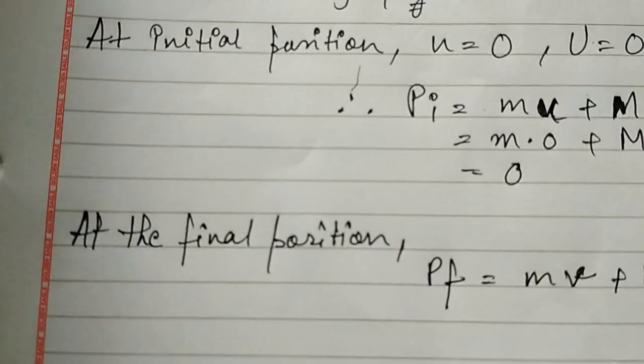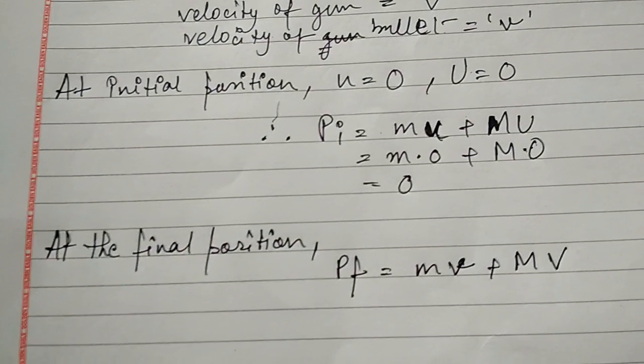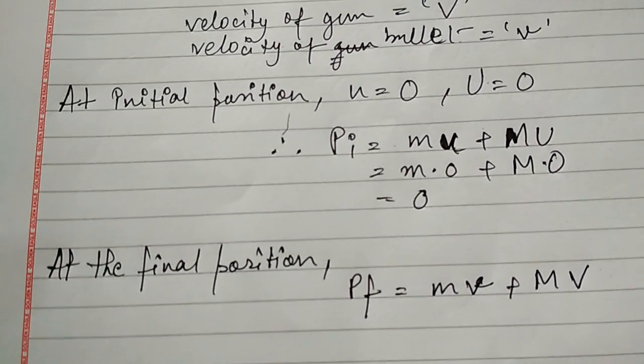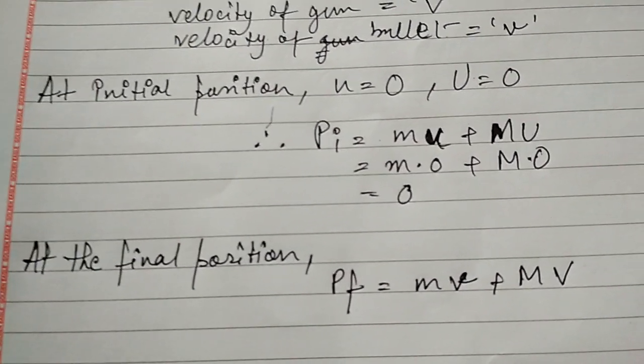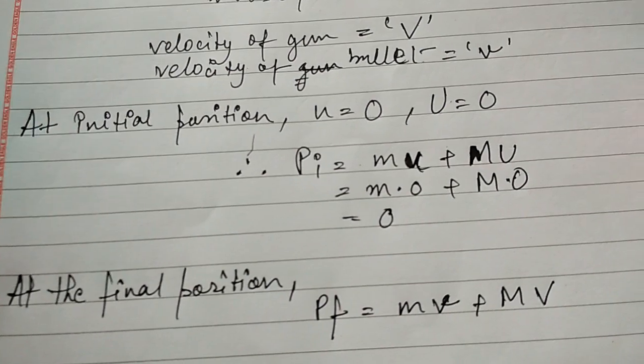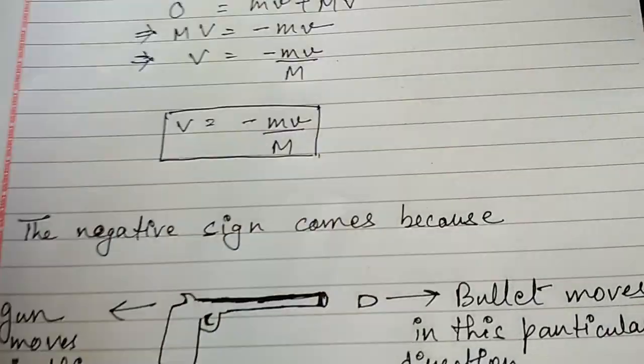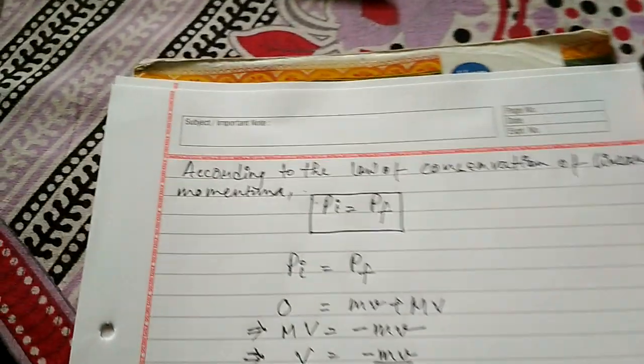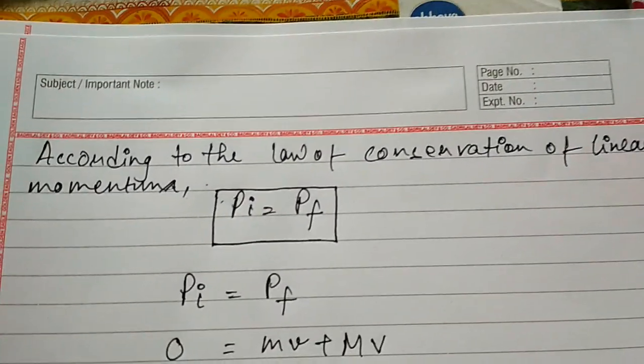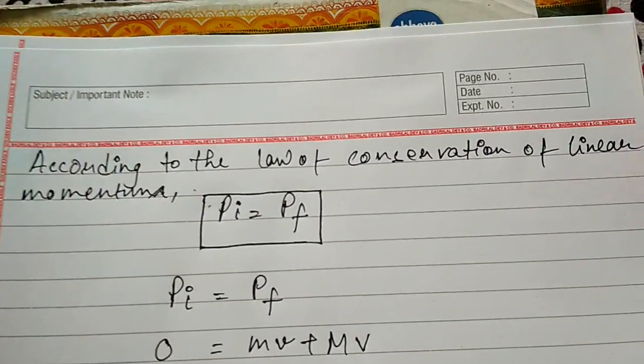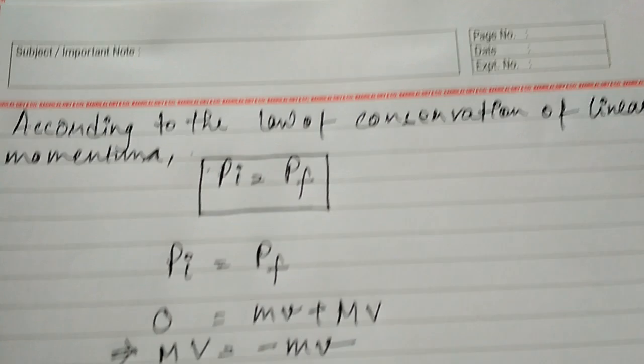And at the final position, the P final or the momentum final comes to small mv plus capital MV. This depends upon the law of conservation of linear momentum, that is P initial is equal to P final.